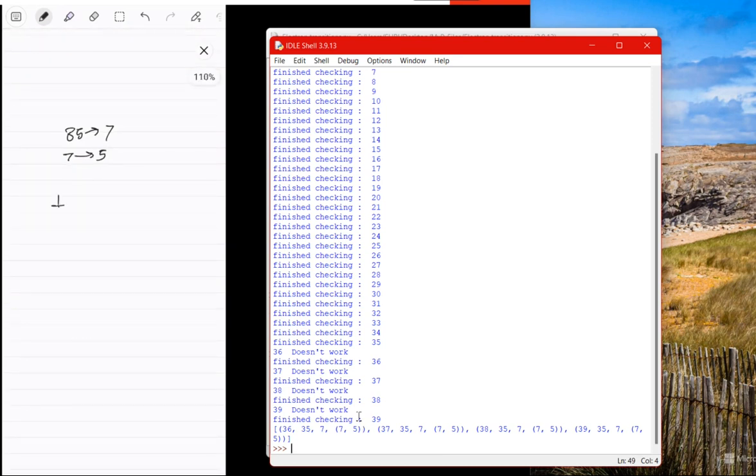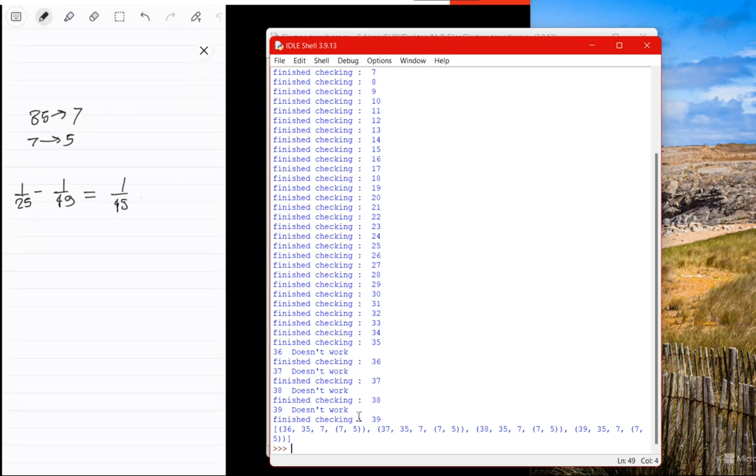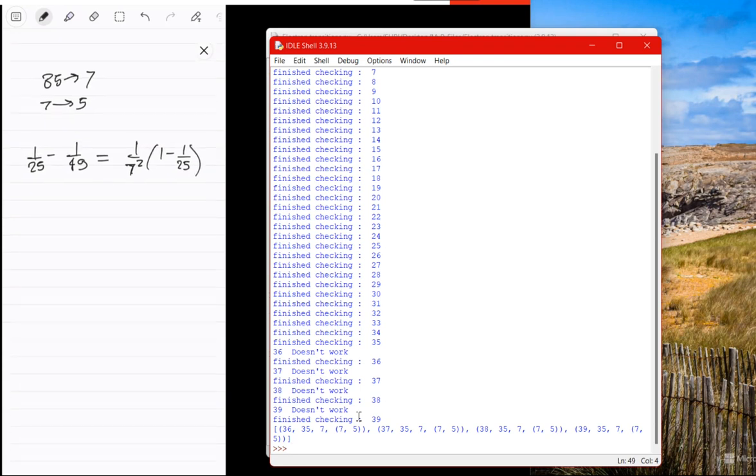So you got 1 upon 5 square, which is 1 upon 25, minus 1 upon 7 square, which is 1 upon 49. Cool. And that is equal to 1 upon 7 square, which is 1 upon 49 once again, minus, oh, you know what? Let's take 7 square out. So it will just be 1 upon 7 squared, times 1 minus 1 upon 5 square, so 1 minus 1 upon 25. Cool. And let's actually multiply by 7 square because that will get rid of this thing.